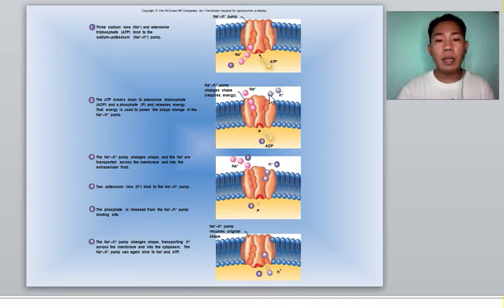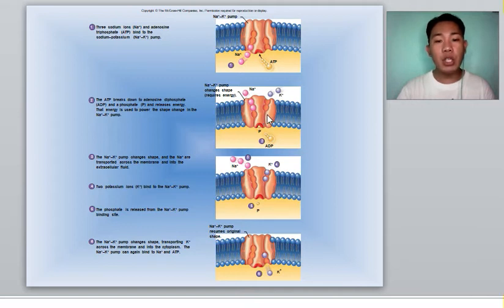The ATP breaks down to adenosine diphosphate, this one, and a phosphate, and releases energy. That energy will be used to power the shape change in the sodium-potassium pump.